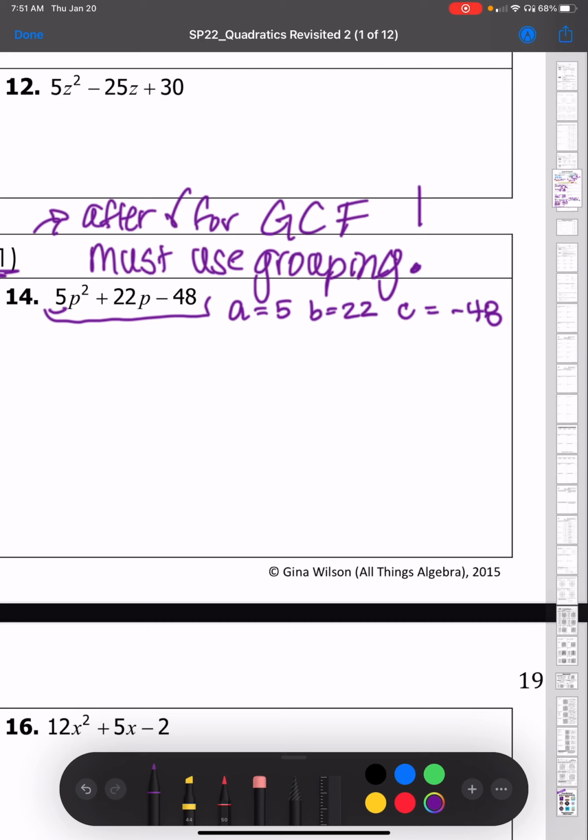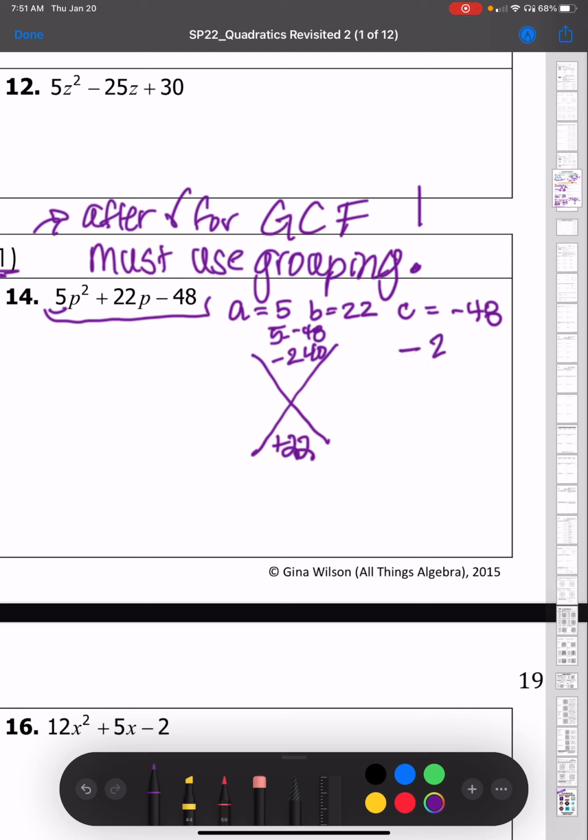We're going to go to our factor cross. So we have 5 times negative 48, because it's a times c. 5 times negative 48 is negative 240. And then we have, what are the factors of negative 240 that will add to be a positive 22?